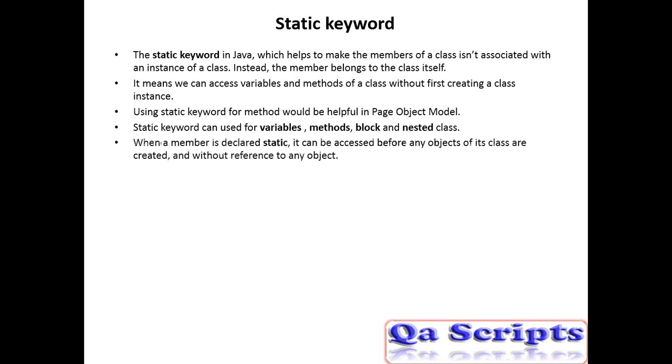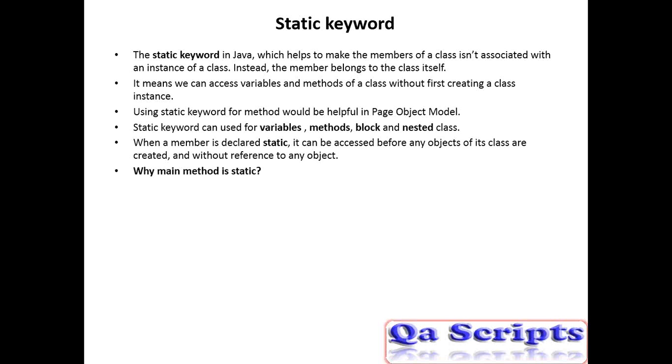But if we use static for any methods or variables, you can call them without using an object, because static is an integral part of the particular class, and it gives very high preference to the members of a class that have static.